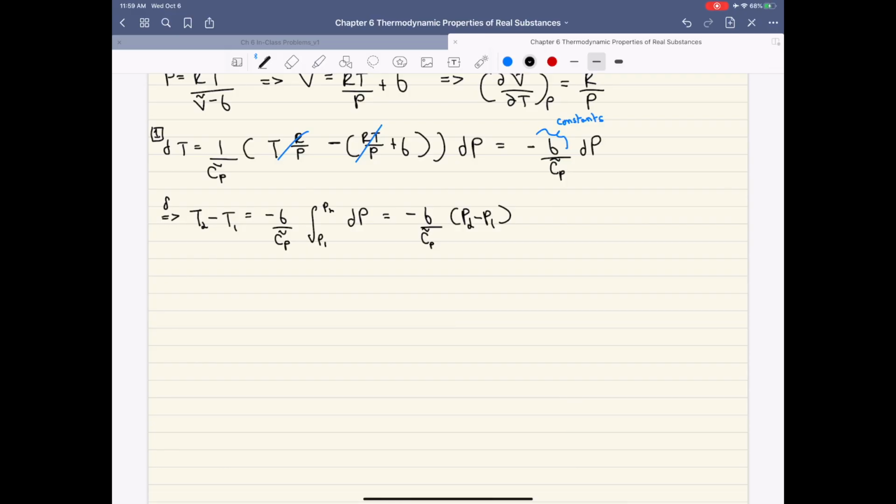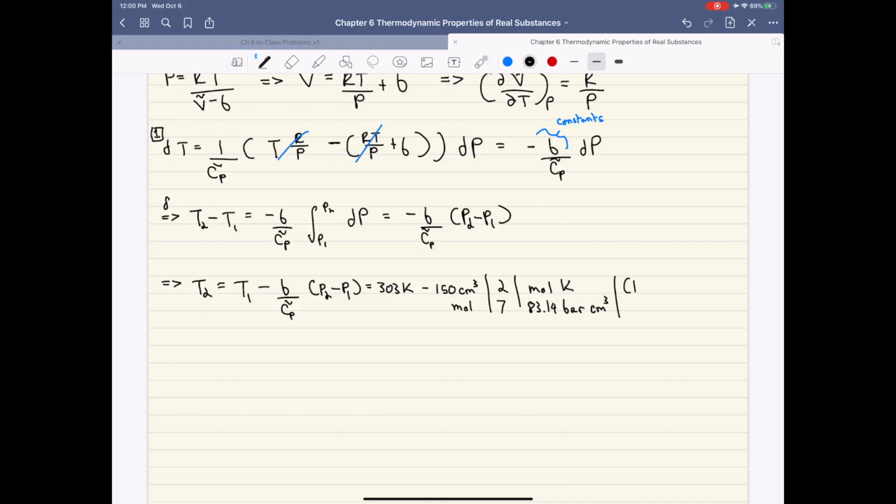If we want to solve for T2, T2 is equal to T1 minus all this stuff. If we plug in, 303 K minus 150 centimeter cubed per mole, divided by Cp, which was 7 halves R. The gas constant I'm going to use is the one that has bar in it, because I want to cancel out the bars of the pressure.